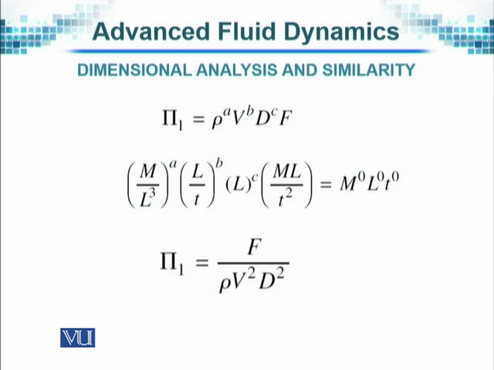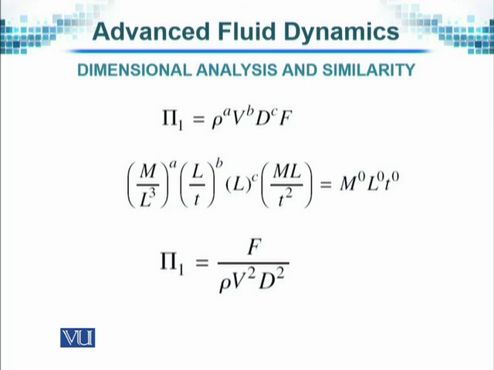Since we have to make all the quantities dimensionless, on the right hand side we see 0 dimensions, but on the left hand side the powers are shown by a, b, and c.